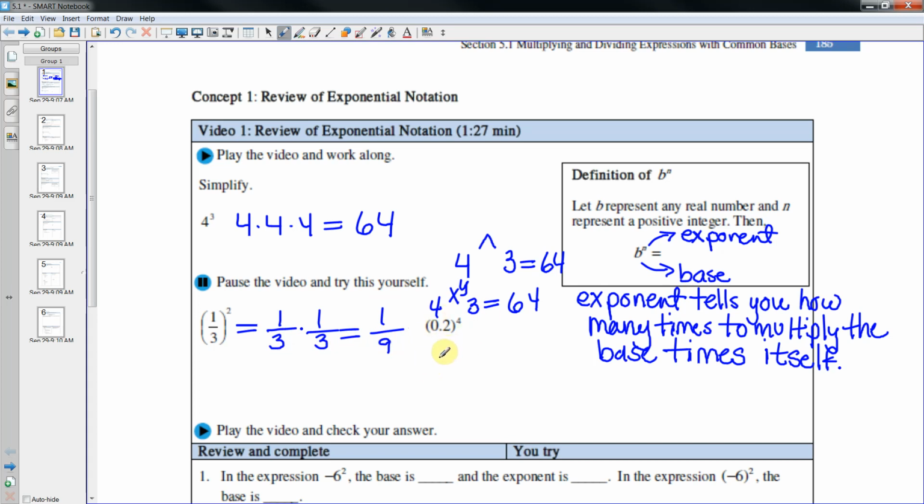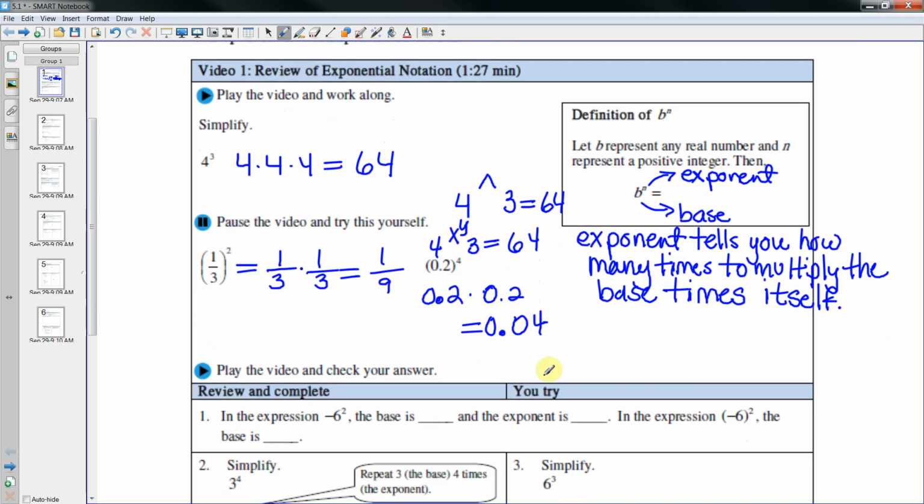The 0.2 squared would be 0.2 times another 0.2, so if you multiply those out, you're going to get 0.04. So you just need to know how to multiply those out. Sometimes it just is helpful.